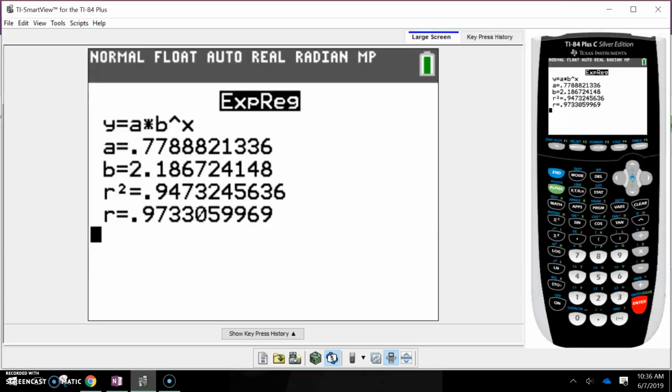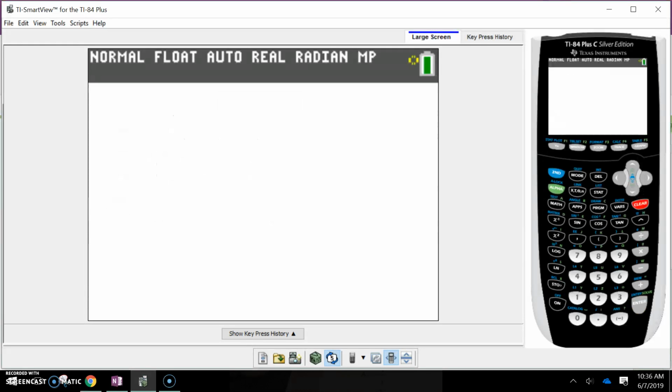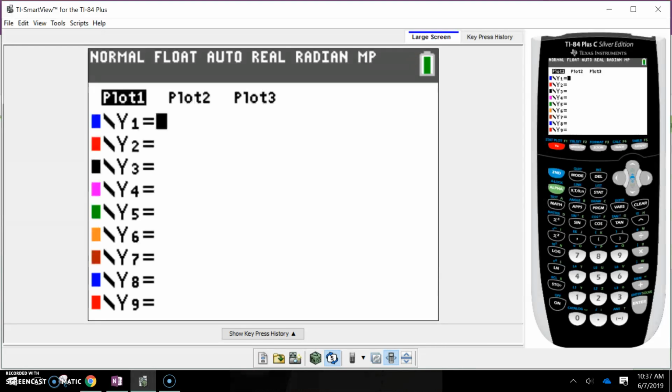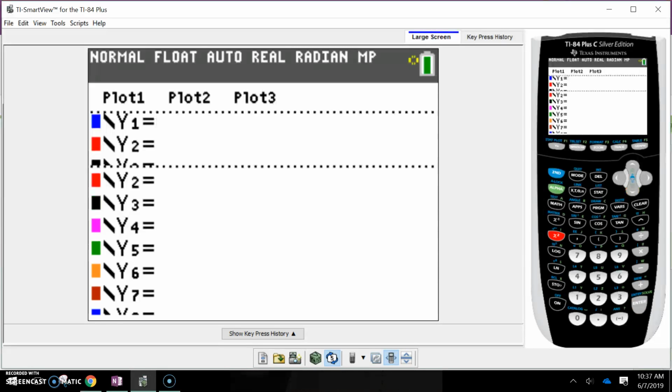We could look at the graph, and what we could see is that when we go under y equals, let me turn my plot off. I can put the function in. X minus 4.